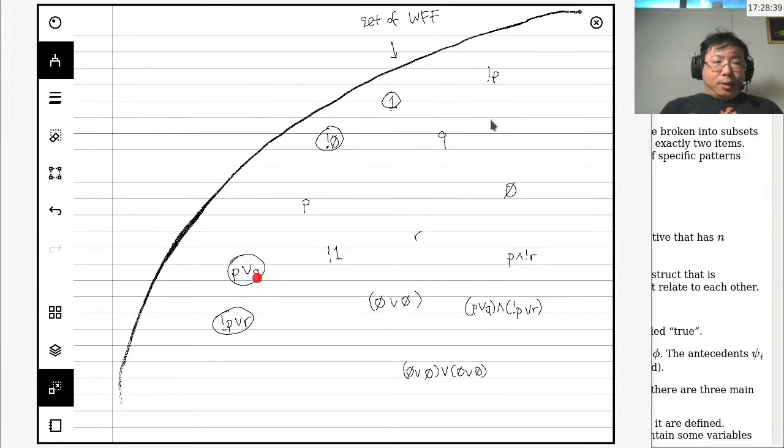So if I know P or Q is true, and I know not P or R is also true, don't you think the conjunction between those two expressions that are already true has to be true? Of course it does. The question is, do we have a mechanism to somehow let us label this thing also to be true?